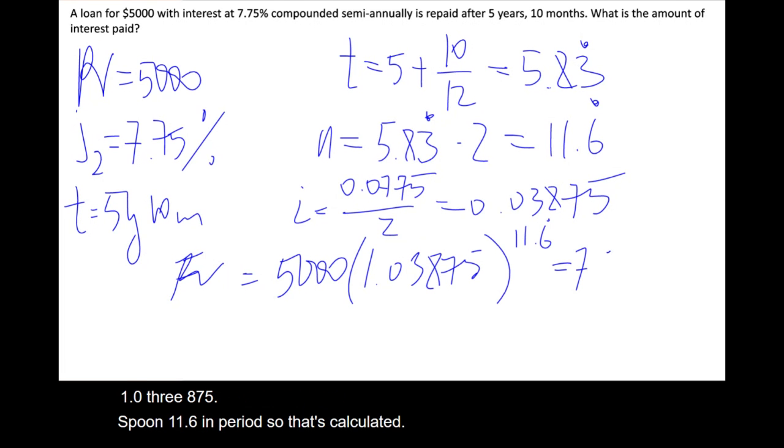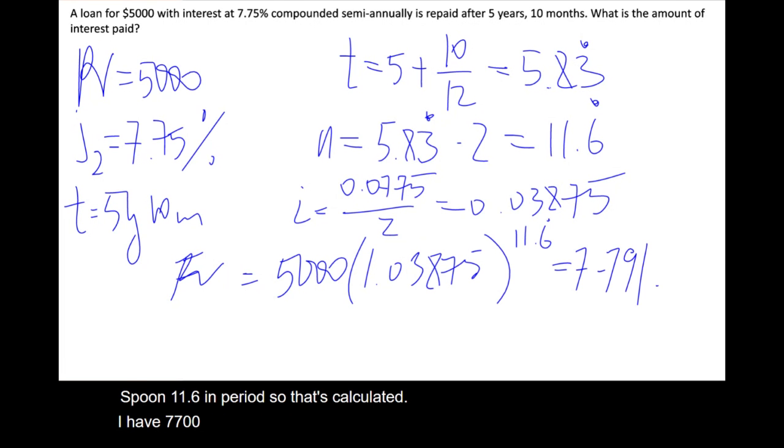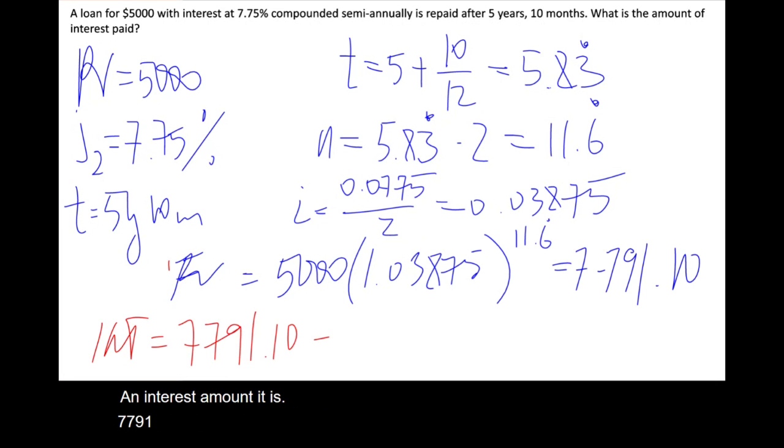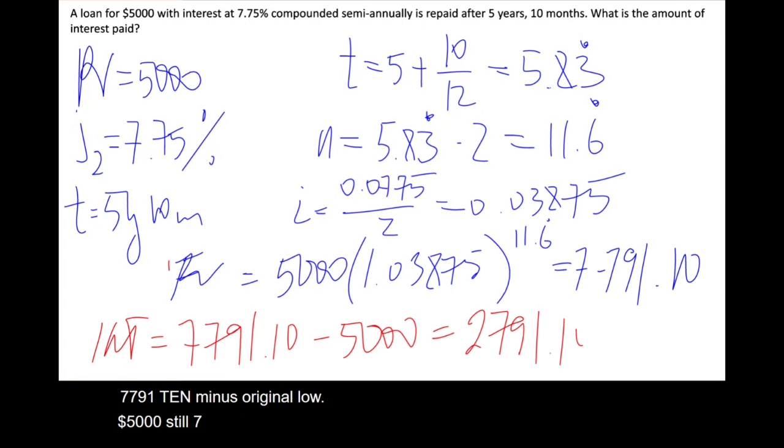I have $7,791.10. Now we can find the interest amount, and the interest amount is 7,791.10 minus the original loan of $5,000. It's 2,791.10. Any questions, guys?